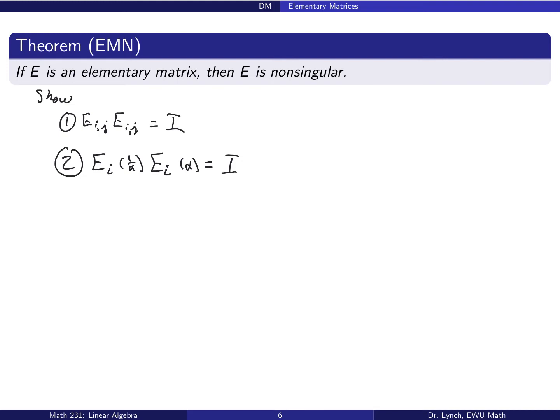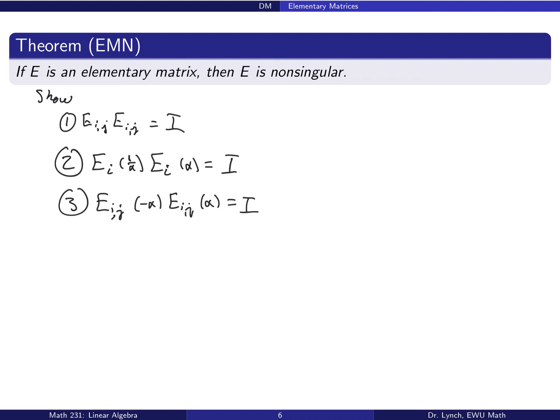Here's what that is. If I then go ahead and multiply row I by the constant minus alpha, adding it to row j, creating a new row j, and leaving row I alone, I get back what I started with.